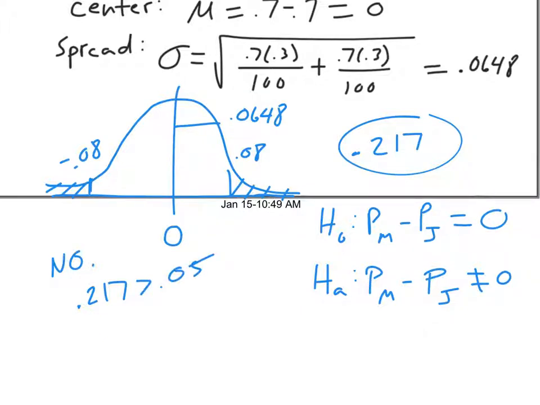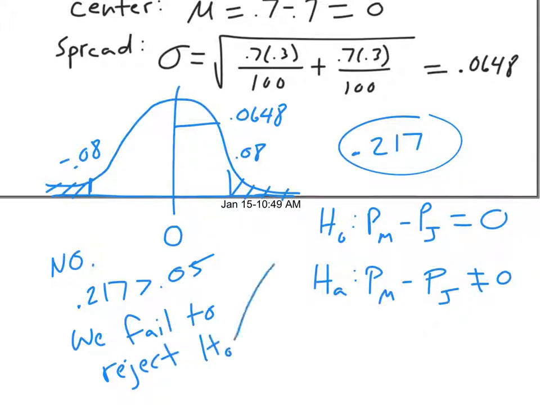Because 0.217 would be greater than 0.05. We would say that we fail to reject H0, which is right here, and H0 states that the proportion of students for Michelle and Julie that are completing their homework is the same. Okay, and we did not see strong enough evidence.